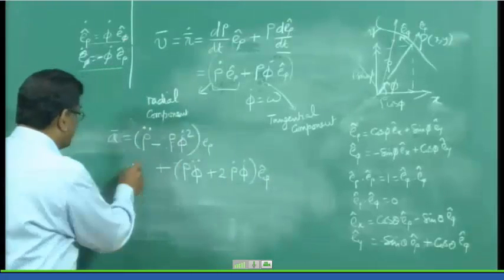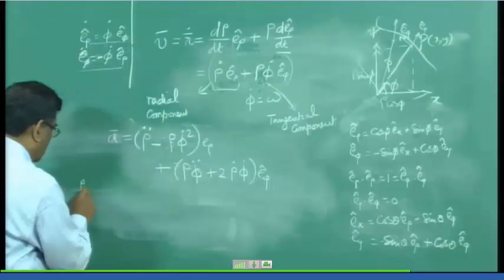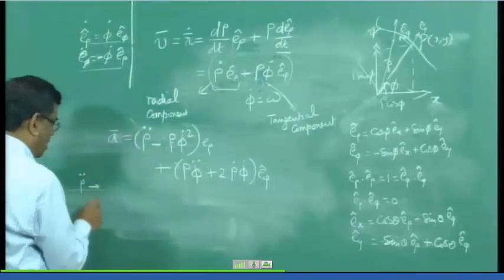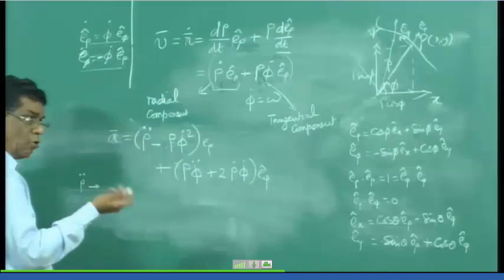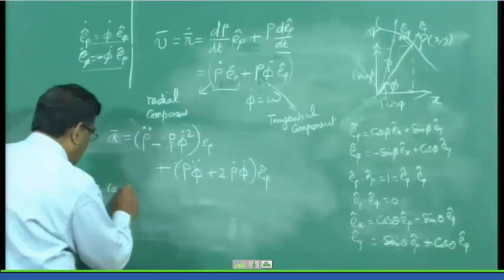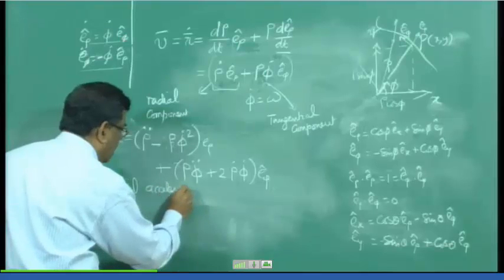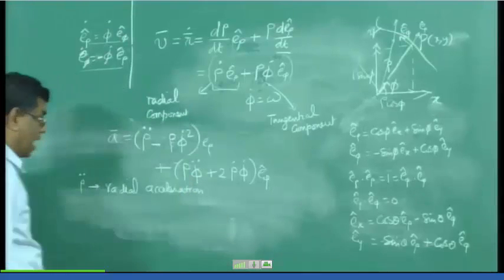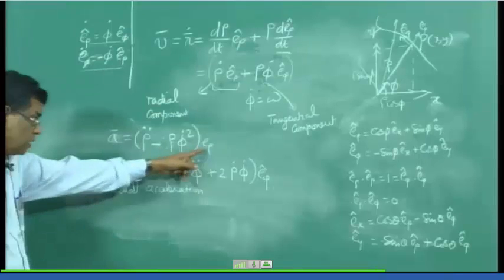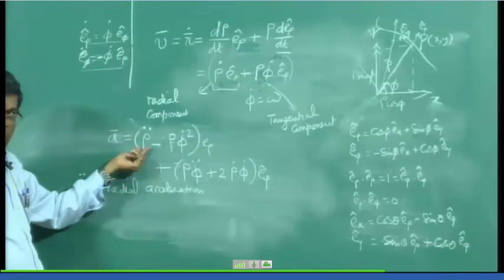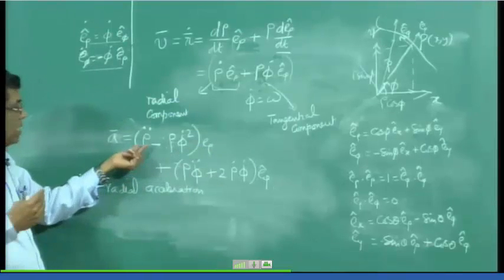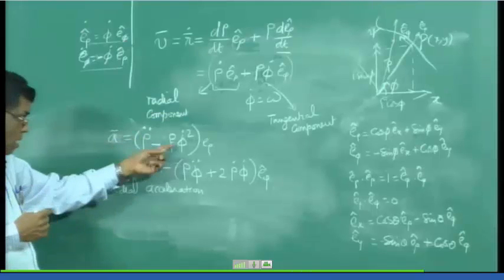What are those things? Rho double dot is the acceleration along the E rho direction, the radial acceleration. Rho double dot is d square rho by dt square.